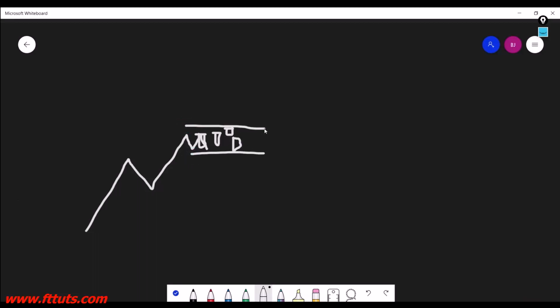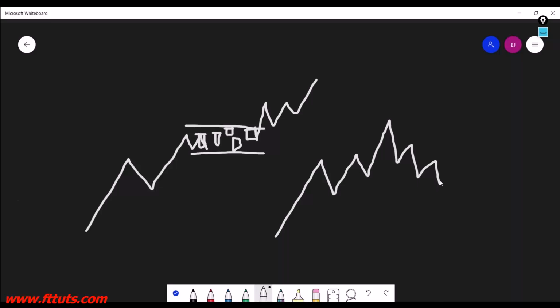Okay, we are looking for price to basically break out of this range. Okay, and then we're looking for trades. And same thing with trend line breaks, guys. We're looking for the market to basically form these swing highs and swing lows, draw our trend lines, and look for that break so we can actually take trades on a 5-minute chart or the 15-minute chart, right?